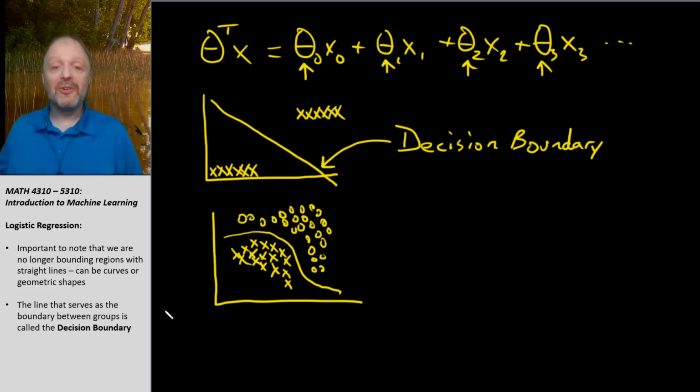So we're no longer going to have nice straight lines or even three-dimensional straight lines. We're going to have curves and very strange shapes. The way that we generate those curves is by finding the thetas that will yield this line that divides the data the best into the two groupings. Whew. I know that's a mouthful.